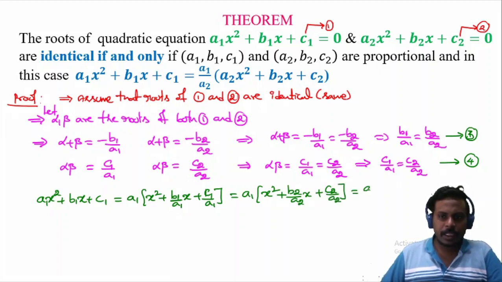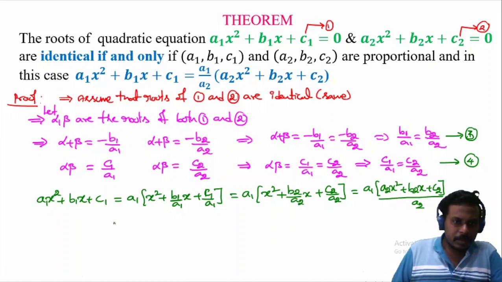So if I take the LCM, this becomes (a2 into x square plus b2 into x plus c2) divided by a2. So this implies a1 by a2 into (a2 into x square plus b2 into x plus c2).